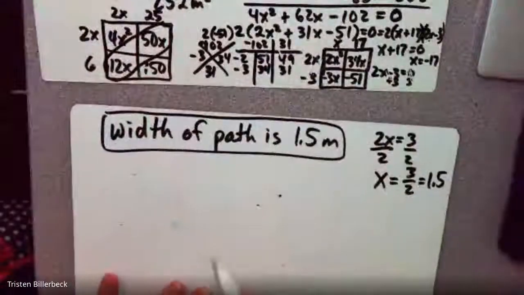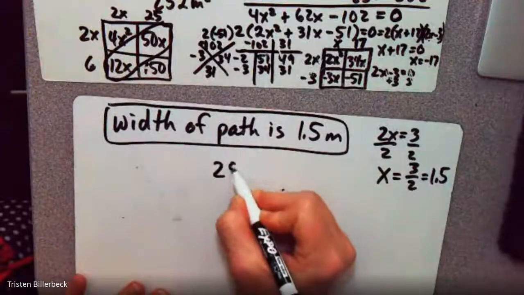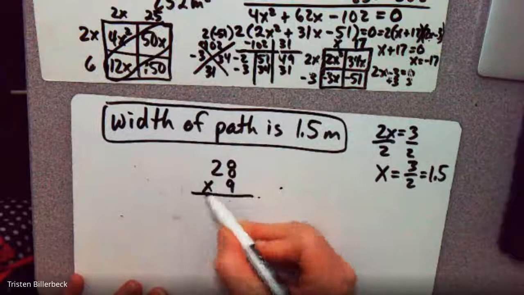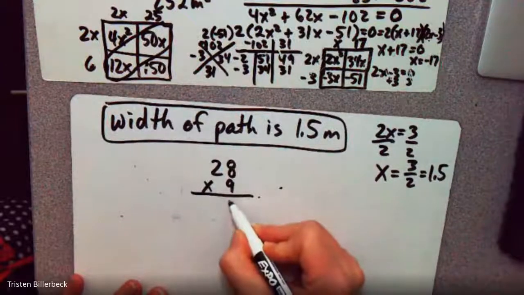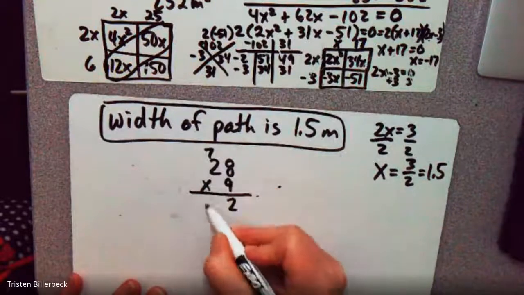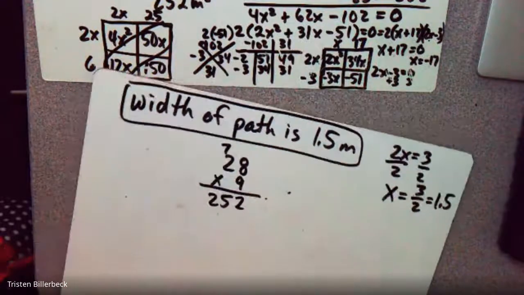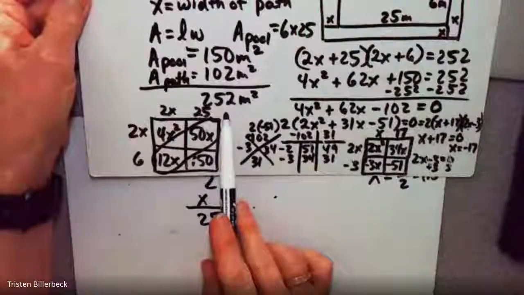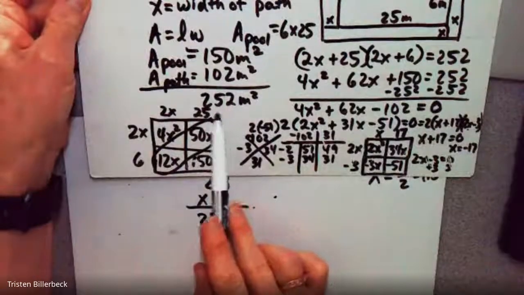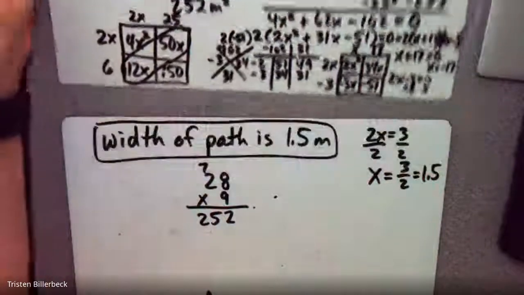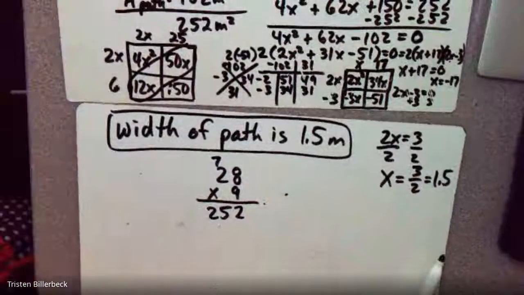So if this is true, then 28 times 9 should be the total area. So that's 72, and then 18 plus 7 is 252, and before we had 252 for our total area when we added the two areas together. So this is correct.